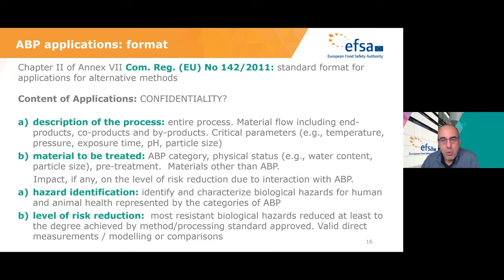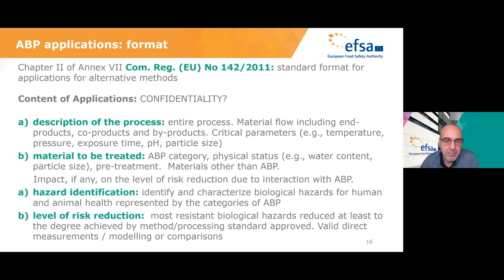It's important to know that, because on some occasions, the materials that are mixed with animal byproducts could have an impact on the level of reduction of the risk due to the interaction with the ABPs. And this is something that occurs normally, for example, in the production of biodiesel, where sometimes the alternative methods include ethanol, and the ethanol could be a material that could jeopardize the detection or measurement of the level of risk reduction.